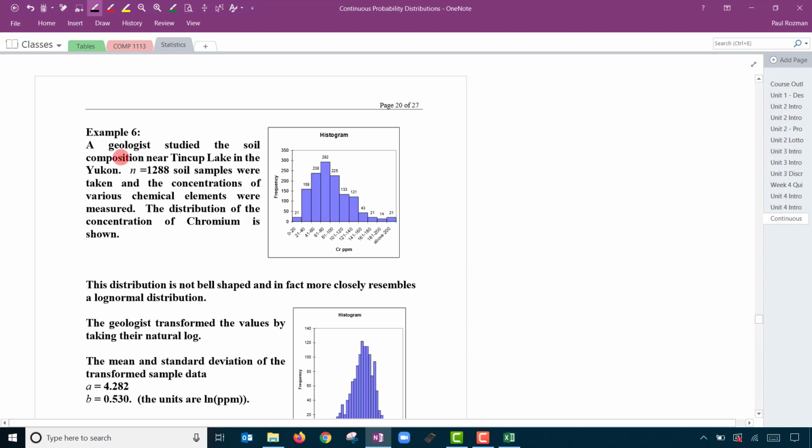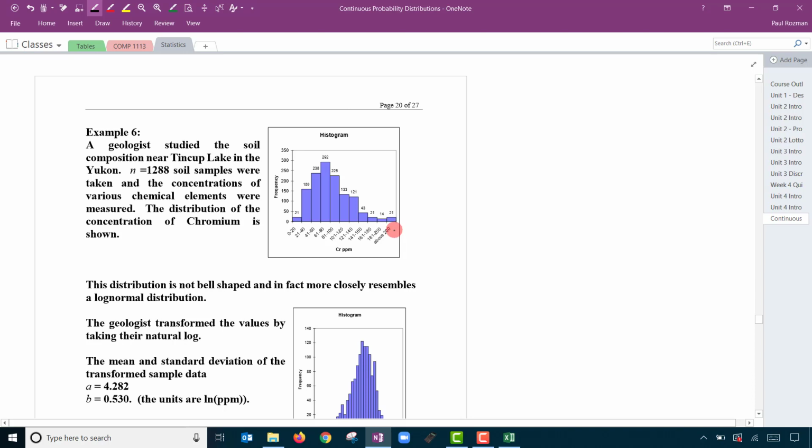Suppose a geologist goes up to the Yukon and gets 1,288 soil samples. And then they study each sample and determine the concentration of chromium. And that concentration, I think, is measured in parts per million. So here are the results.